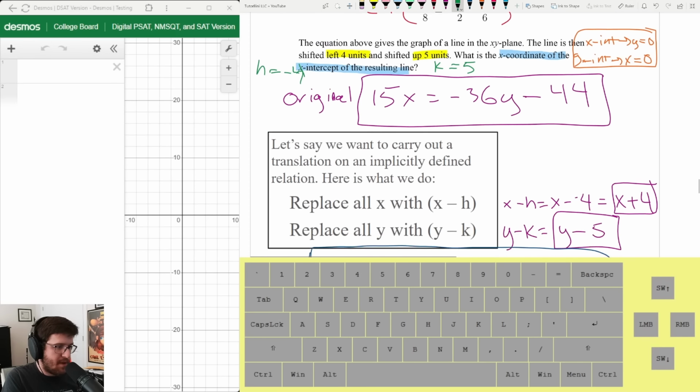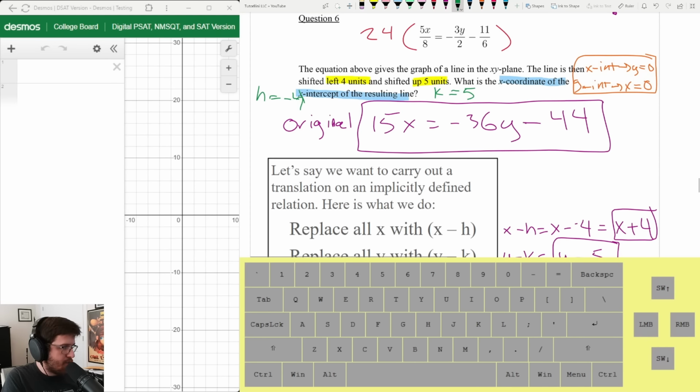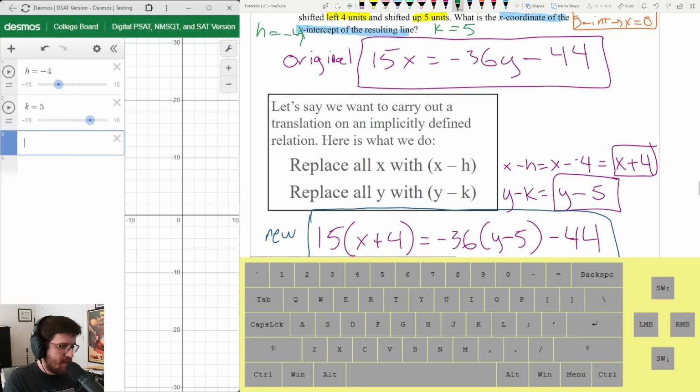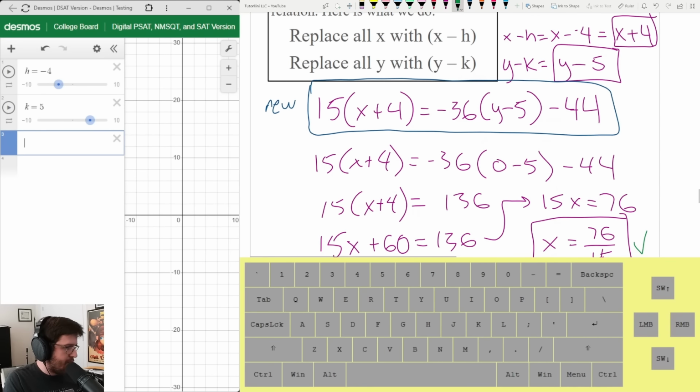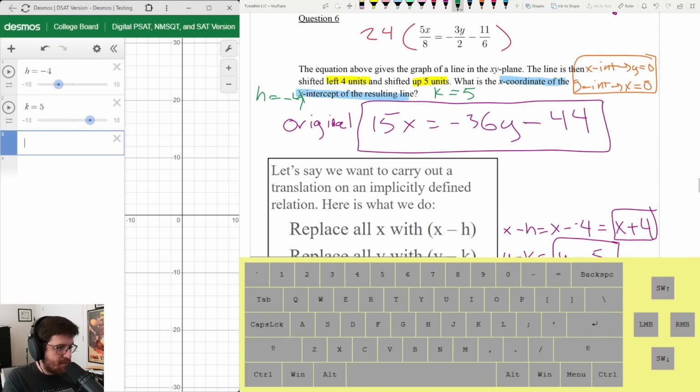So let me scroll up here. Let's make h -4, that's 4 left. And we'll make k 5 up, that's positive 5. And then I'll just type in this equation without even the original equation.